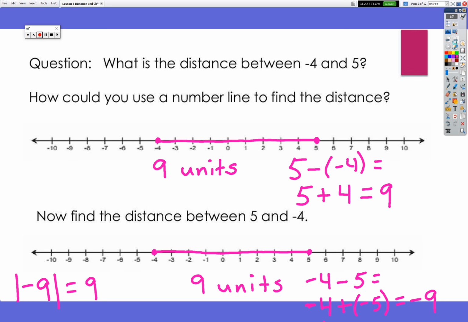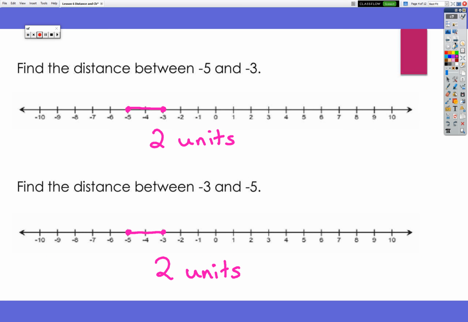Okay, let's take a look at the next one. Okay, let's look at it here. So we're going to subtract the two numbers. First, let's do -3 minus -5. Let's rewrite that as adding the opposite. First number stays the same. We add.